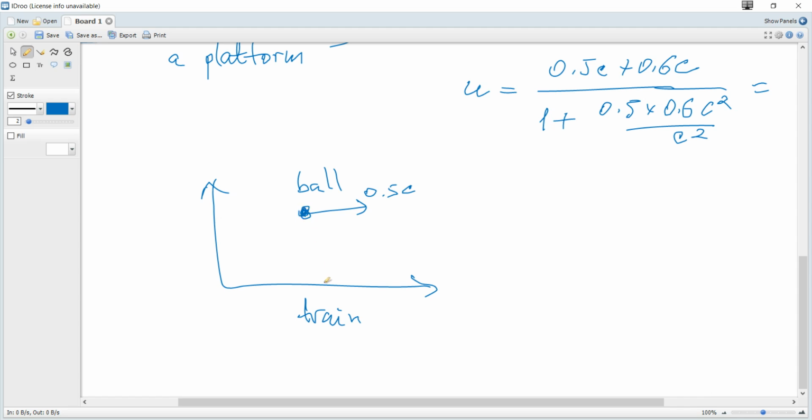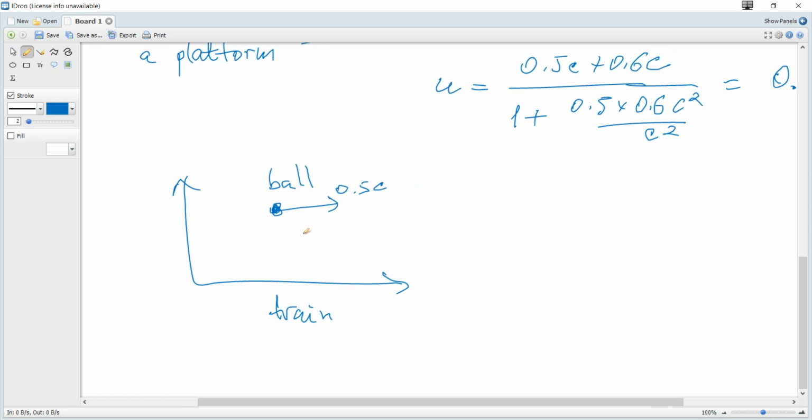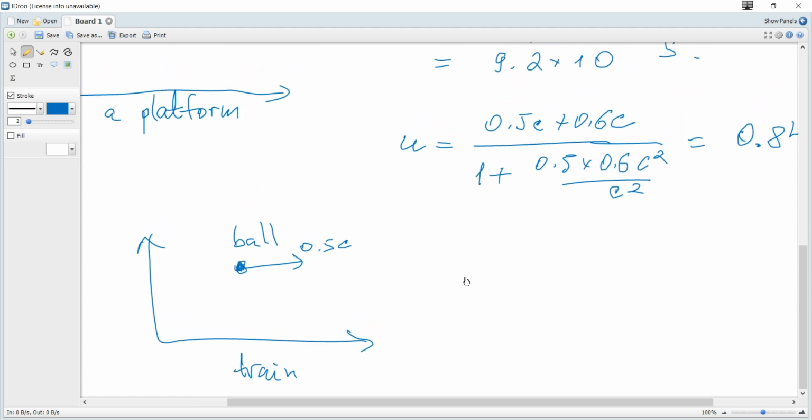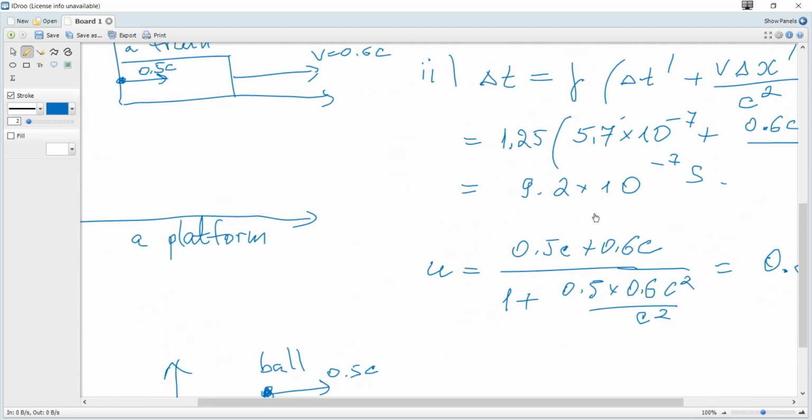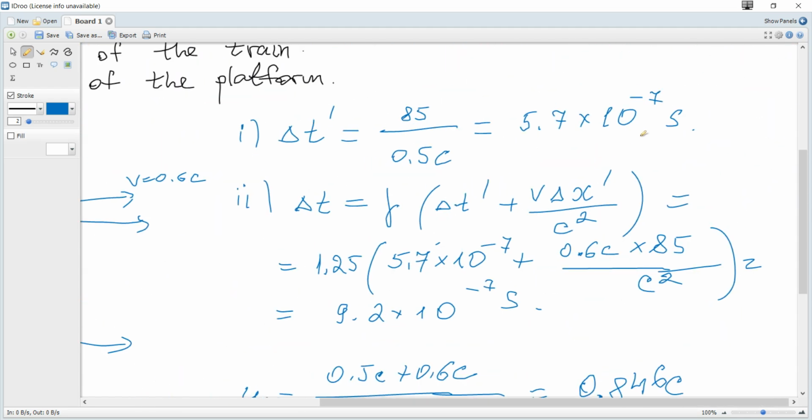And now the reference frame relative to the ball measures a proper time, because the two events occur at the same place, and the time calculated relative to the train will be dilated time.